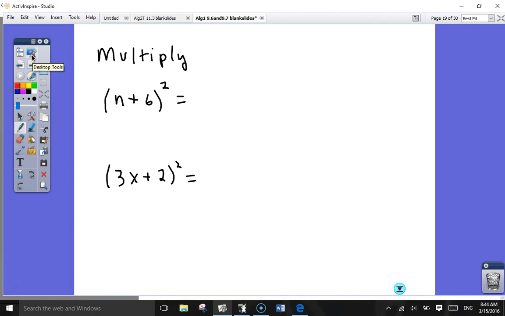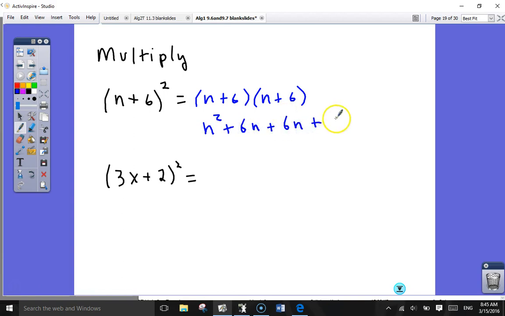Now multiply. N plus 6 squared means n plus 6 times n plus 6. How do we do that? FOIL. So that would be n squared plus 6n plus 6n plus 36.